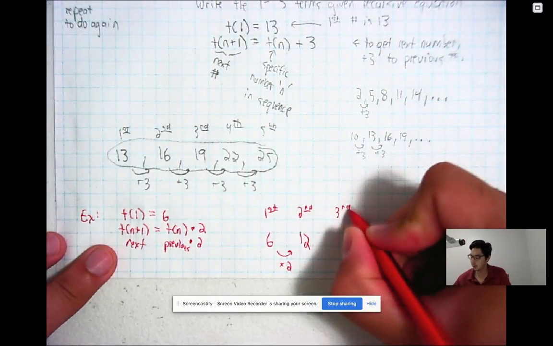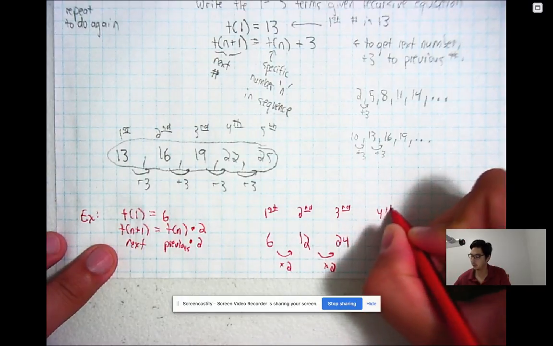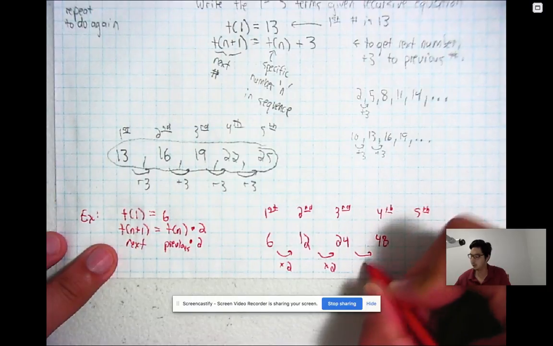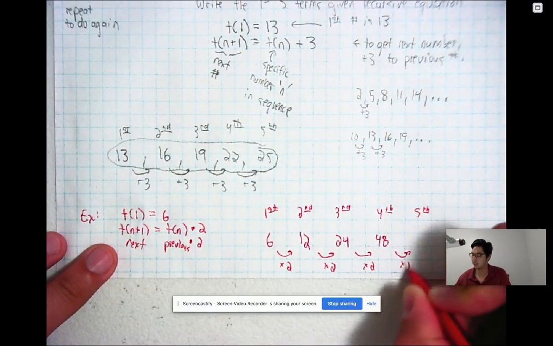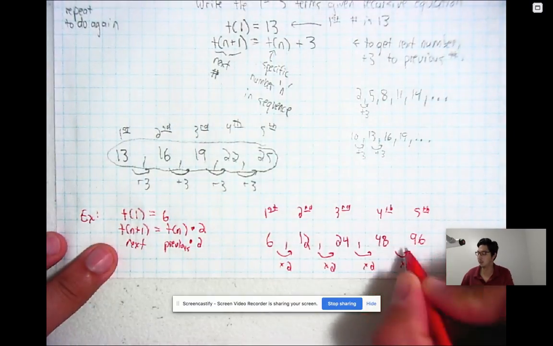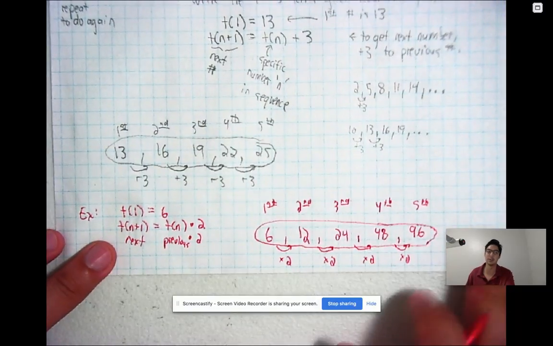The third number, we do that again, and we get 24. The fourth number would be 48. And the fifth number, and I know you can use a calculator, I just work with these numbers so much that I can do this in my head. You'll get there too one day with more practice. And there are the 5 numbers.